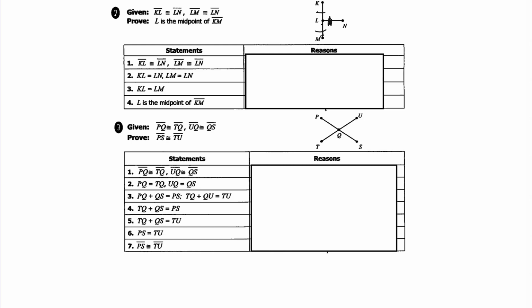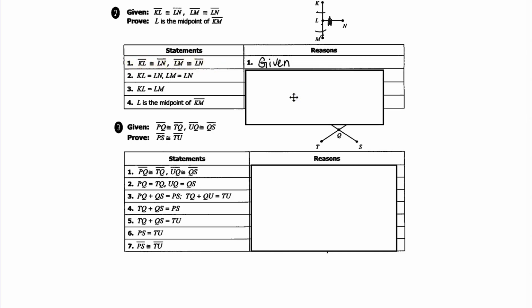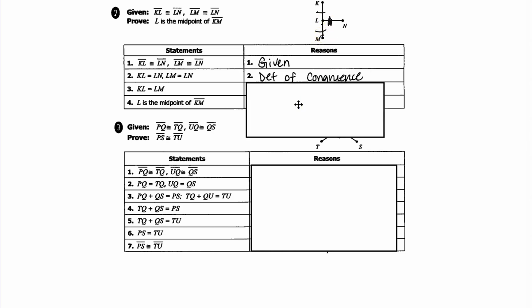All right, so first thing, where do we know this from? Right, wasn't that given to us? KL equals LN and LM, so KL equals LM, and LM equals LN, right? Definition of congruence. If things are congruent, they're also equal. Now, KL is equal to LM. Well, why is that?